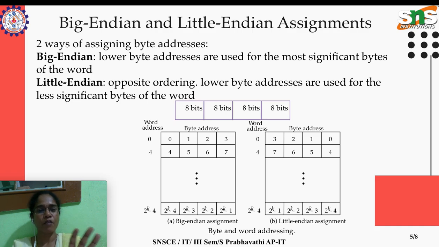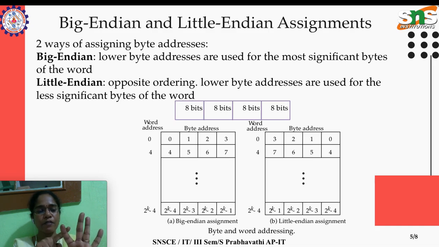So if byte address 0 is used for the most significant byte of the word, that means the first word. A word has 4 characters. The first character takes 8 bit, the second character takes one more 8 bit, the third takes one more 8 bit, and finally 32 bits.